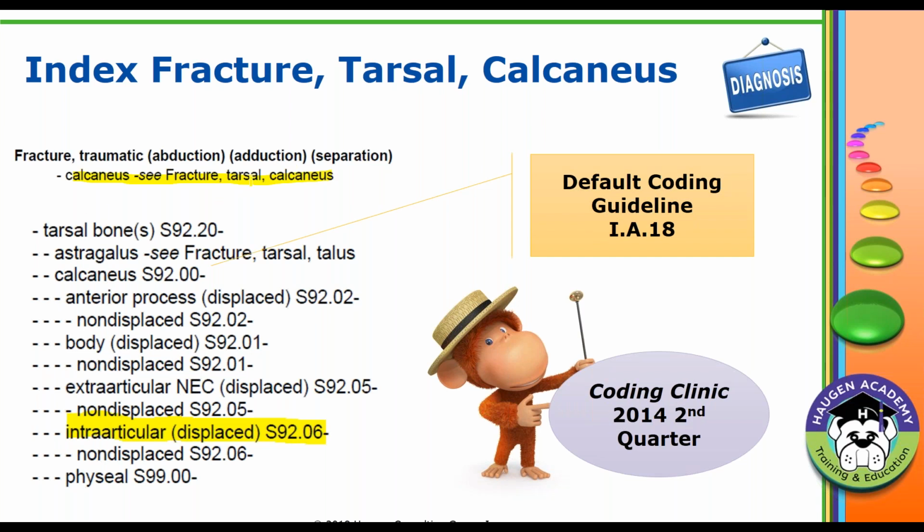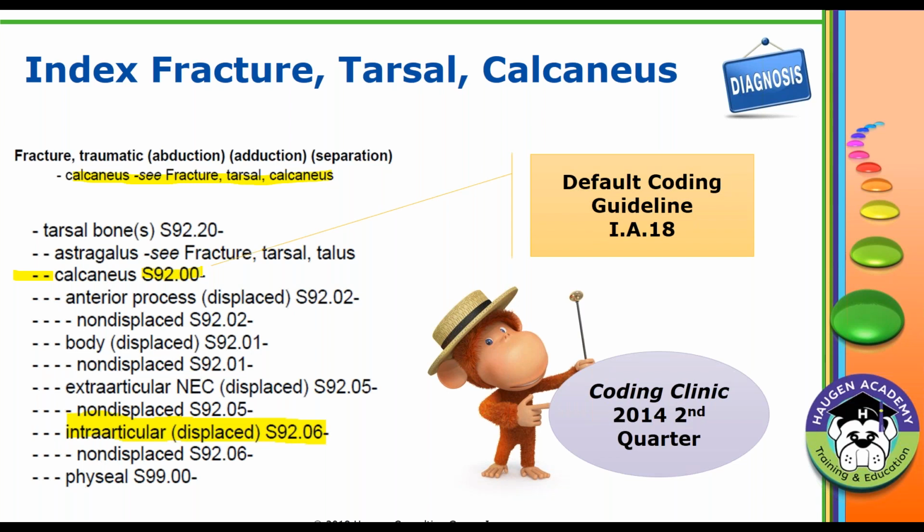So under tarsal, calcaneus, we're down to here now. S92.00. That's going to be what's called our default code. So this is what we would use if we really don't know. A code that's listed next to the main term in the ICD-10 index is referred to as your default code.